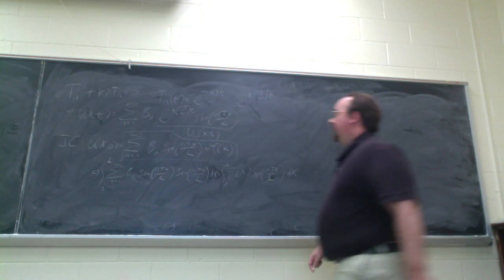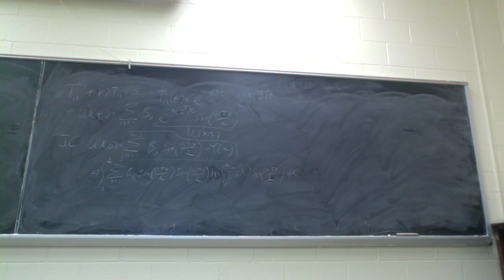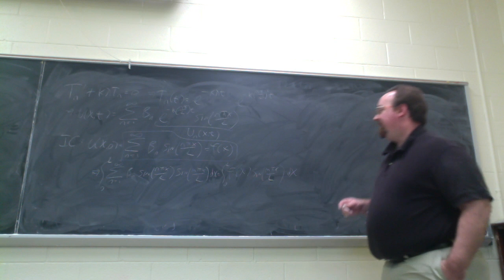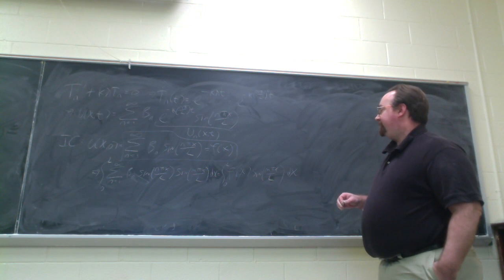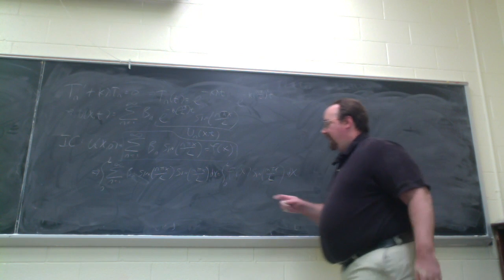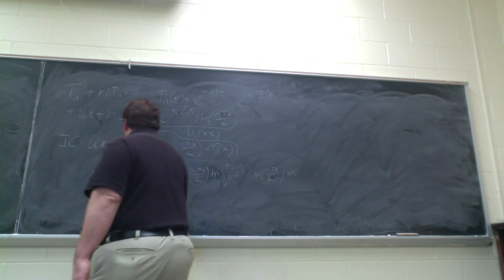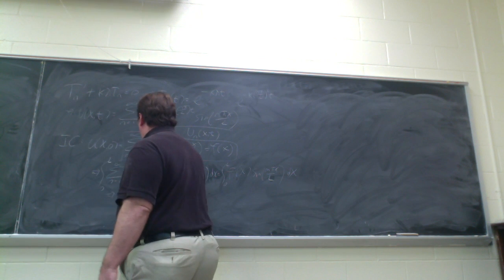What I'm actually doing is taking an inner product of both sides of this equation with sine m pi x over L. Now I can use the linearity of the integral to pull out the summation and pull out the b sub n.